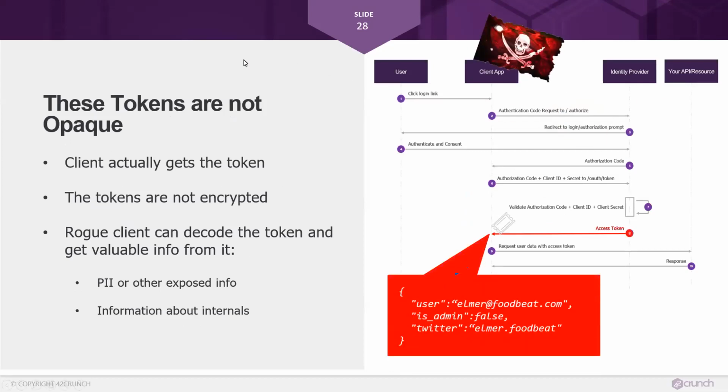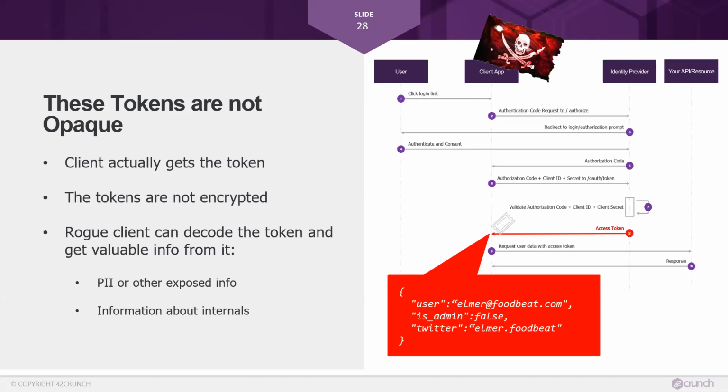Another big problem is that actually tokens are not opaque. Well, they may not be opaque. So JWT tokens can be, as I said, either signed or encrypted. And if they are encrypted, they are also signed, because JWT encryption uses authenticated encryption mechanisms, meaning that at the same time when you encrypt, you sign, more or less.